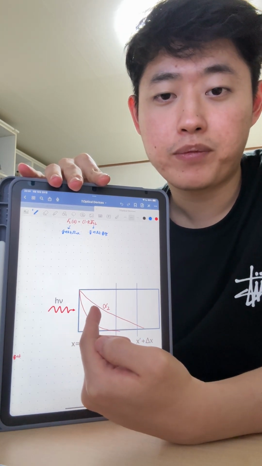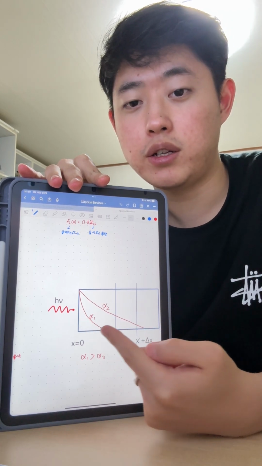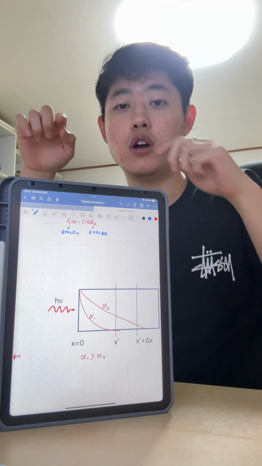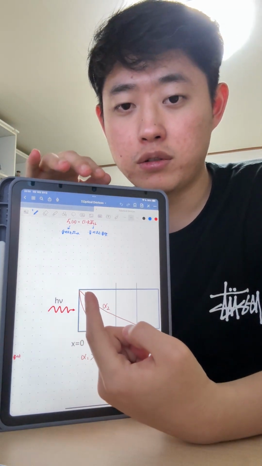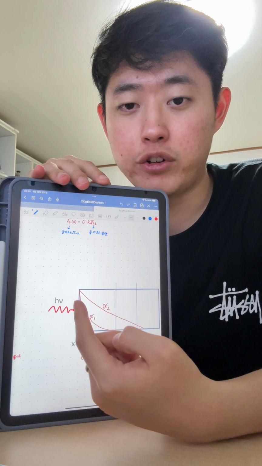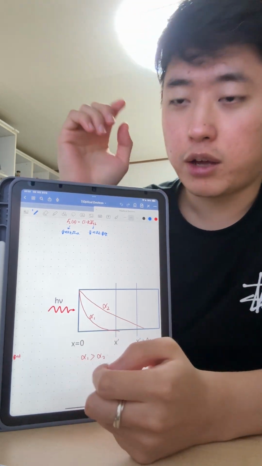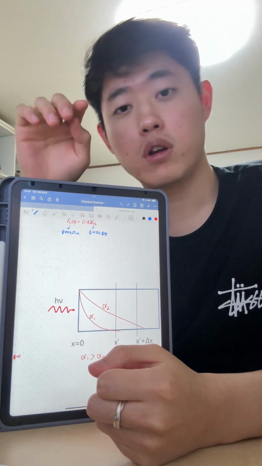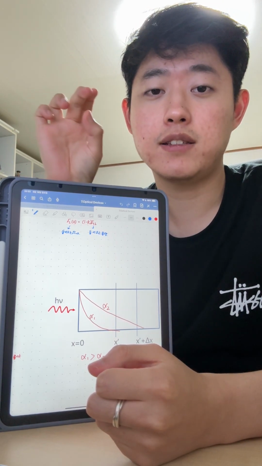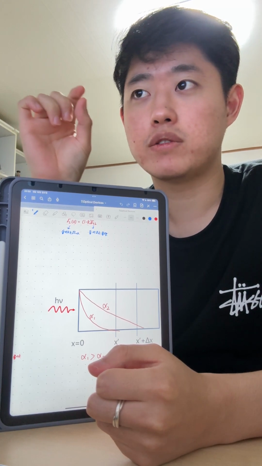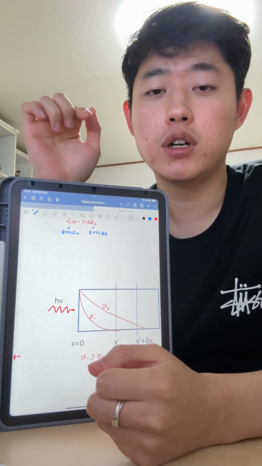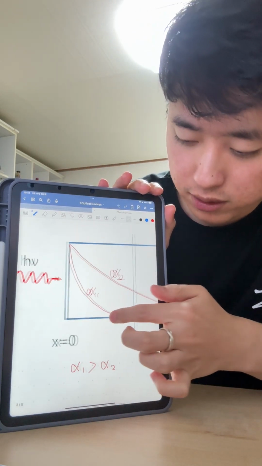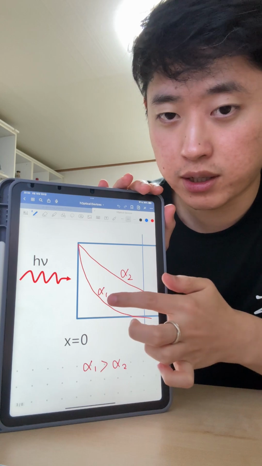When alpha is bigger, the penetration is very shallow, and 1 over alpha is the penetration depth of the light.